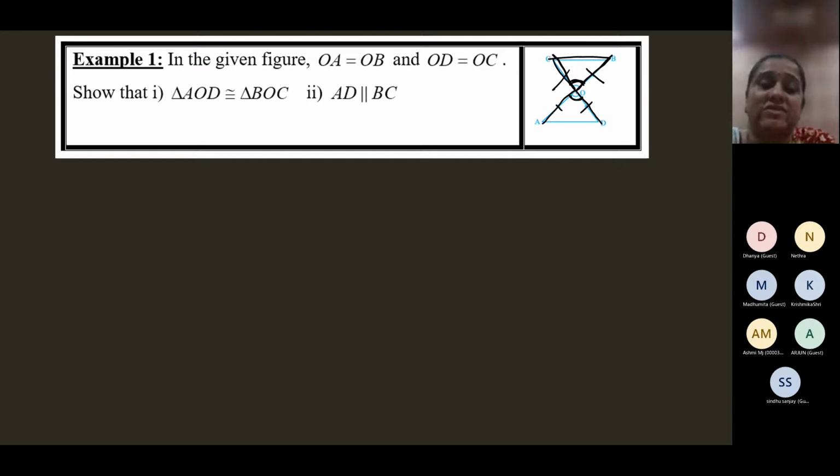With this minimum information, we don't know the length of AD and BC. We are just about to say that the two triangles are congruent to each other. But do you know anything about AD and BC? No, we don't know if AD and BC are equal.